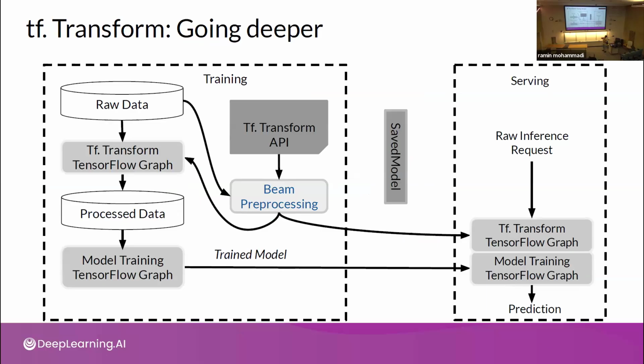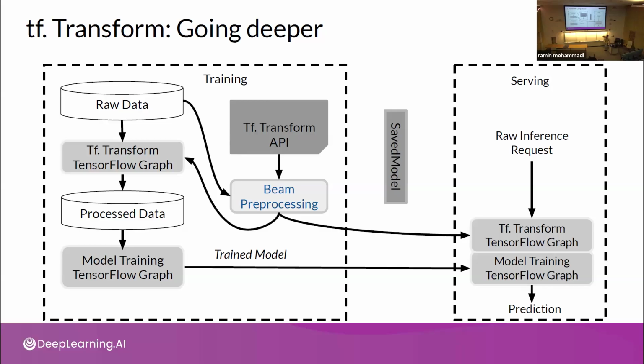The raw data, in TFT at least, goes to Apache Beam. Under the hood it has the Apache Beam. Apache Beam basically runs that tf.transform API. What it does, it produces two things. It basically returns you a graph of that transformation and basically converted or pre-processed data. So what you see as the output of the Apache Beam is the TFT TensorFlow graph, and then the processed data.